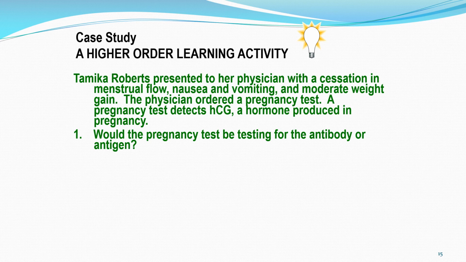So Tamika Roberts presented to her physician's office with a cessation in menstrual flow. She had nausea and vomiting and moderate weight gain. The physician ordered a pregnancy test. A pregnancy test detects HCG, which is a hormone produced during pregnancy. Would the pregnancy test be testing for the antibody or the antigen?